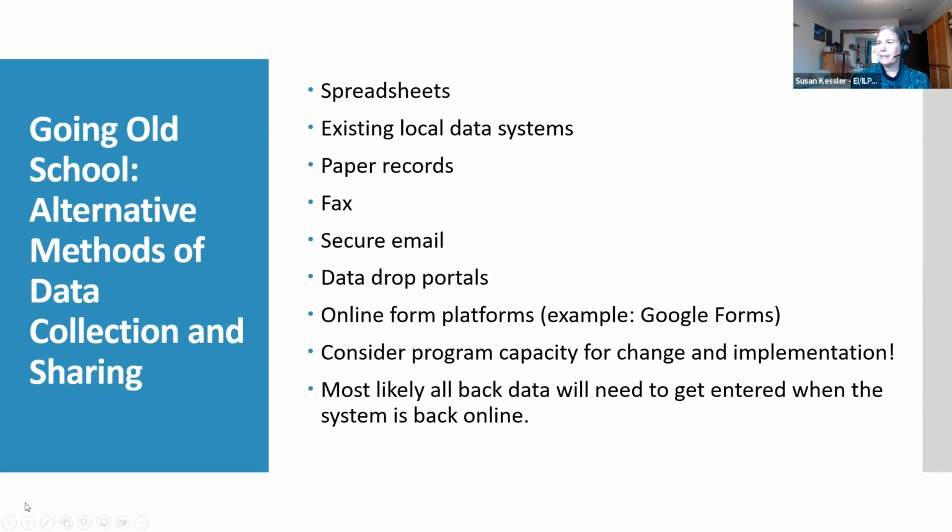We did rely a lot on existing local data systems like electronic health records. Some programs went really old school and did a lot on paper, and we are still somewhat paper-based, or electronically, like PDF paper-based. We went back to faxing things like Part B notifications that had been happening electronically.